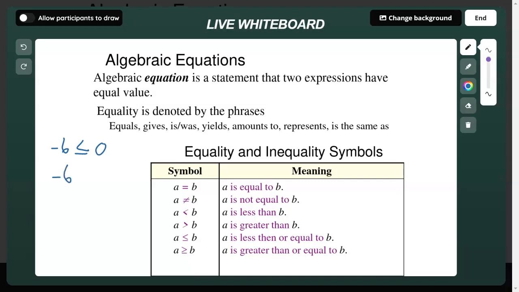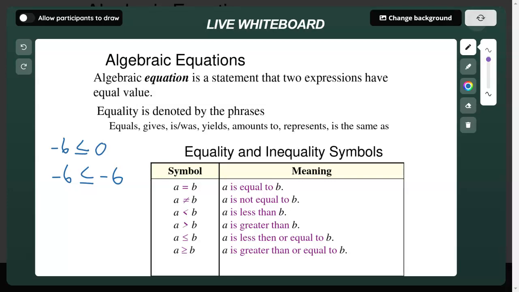Negative 6 is also less than or equal to negative 6. So we can have them be the same number as long as we have the or equal to, and the same as the greater than. A greater than or equal to can be the number or any number larger.